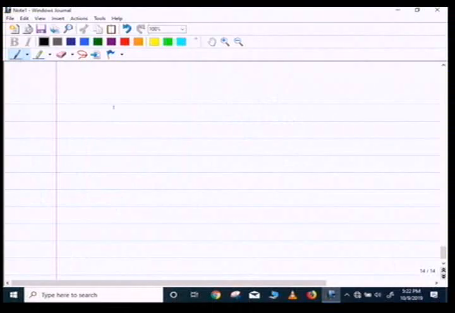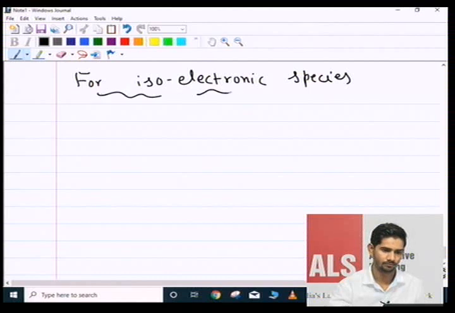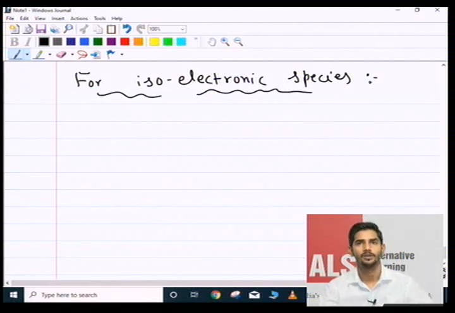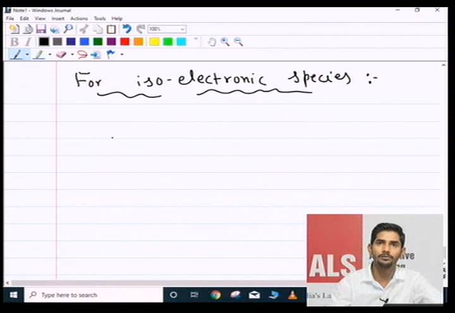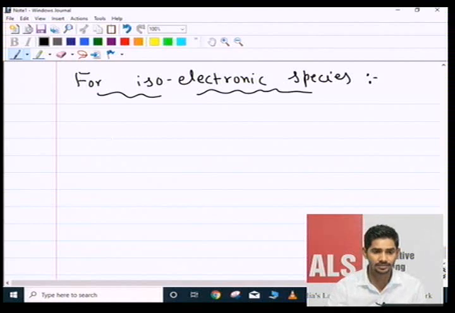Now the next important point for isoelectronic species. For isoelectronic species, you have to just remember that as the nuclear charge increases, the size will decrease.